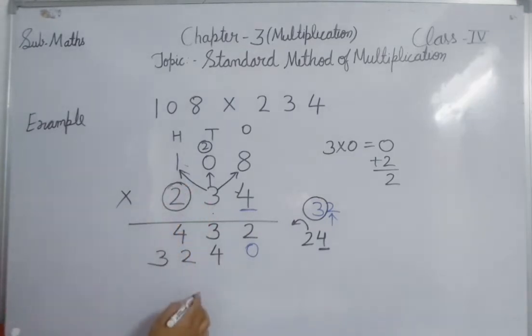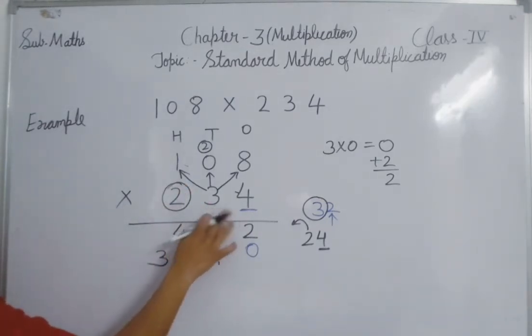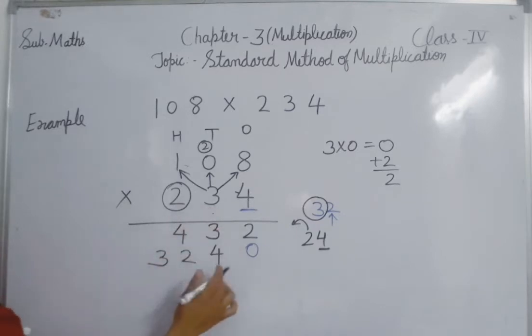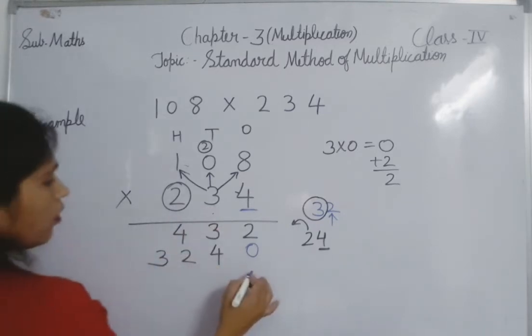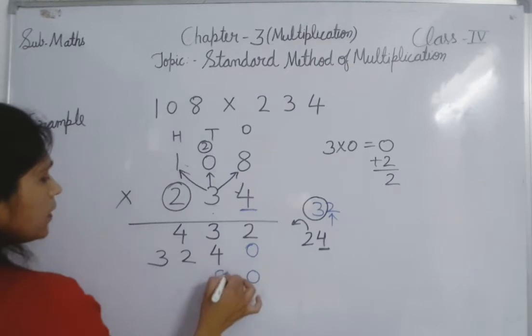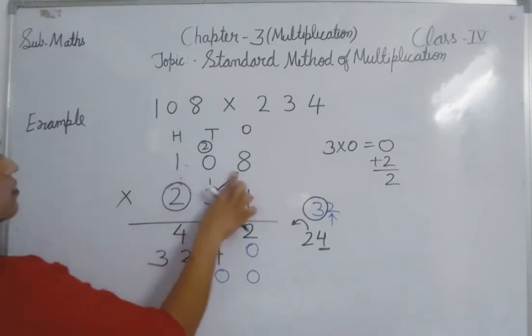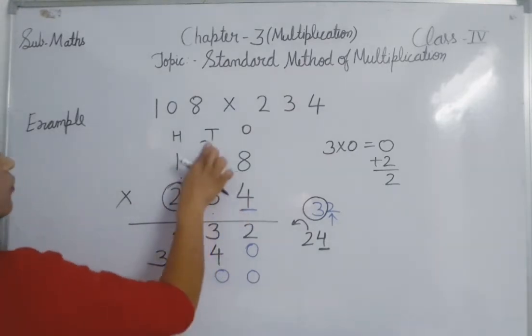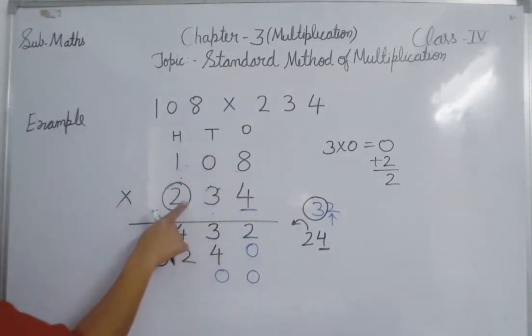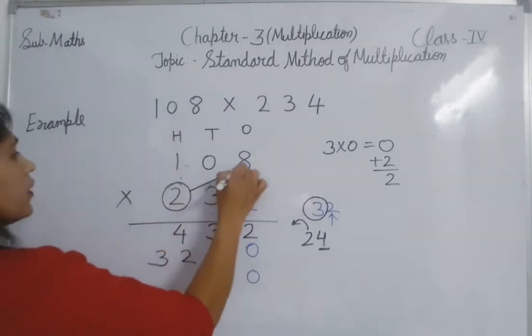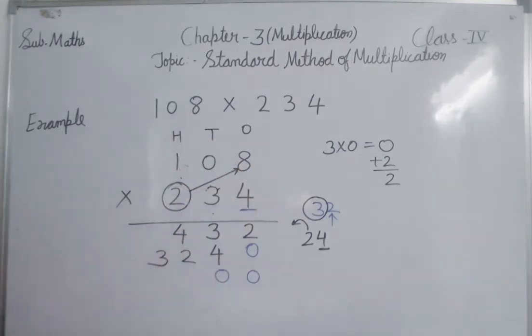So on 100 place, on 1's place and 10's place we need to write 0. And now we will start from 100 place. So let's start multiplying with 2. So first we'll multiply 2 with 8. So 2 8s are 16.